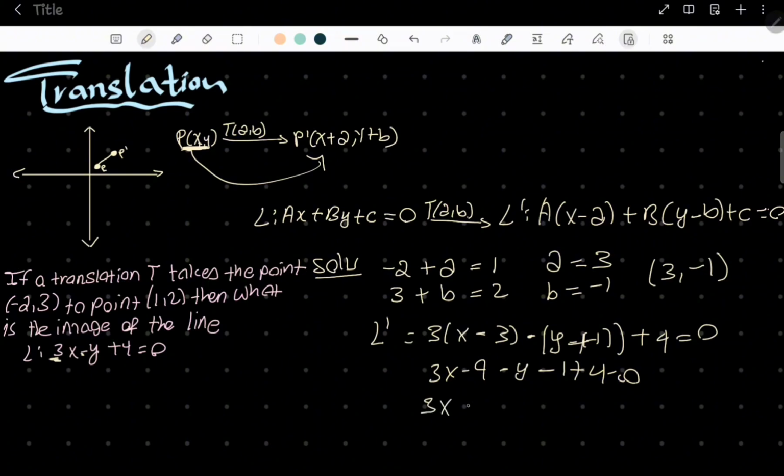So 3x minus y, and then minus 9 minus 1 plus 4 is -6. So 3x - y - 6 = 0. Don't forget to put a prime here. As you can see, the coefficients of our x and y components don't change. The only thing that changes is the constant.